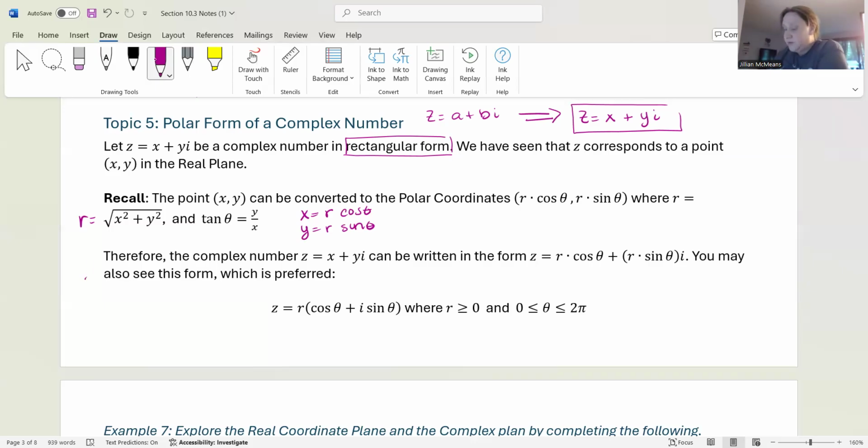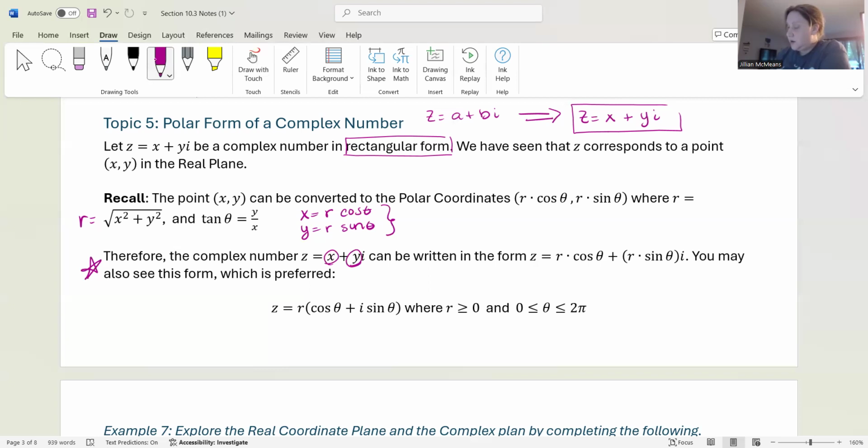Now, that finally leads us to this idea of the polar form of a complex number. Therefore, the complex number z equals x plus yi can be written in this form. We're basically taking the x and the y and using these substitutions. In z equals x plus yi, we rewrite the x as r times cosine theta and the y as r times sine of theta.